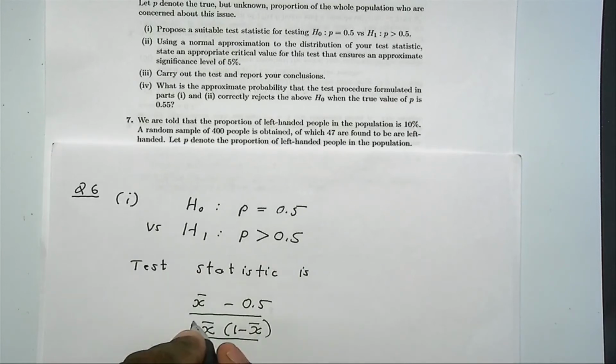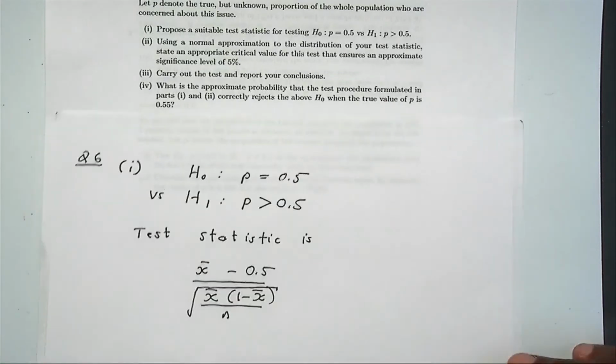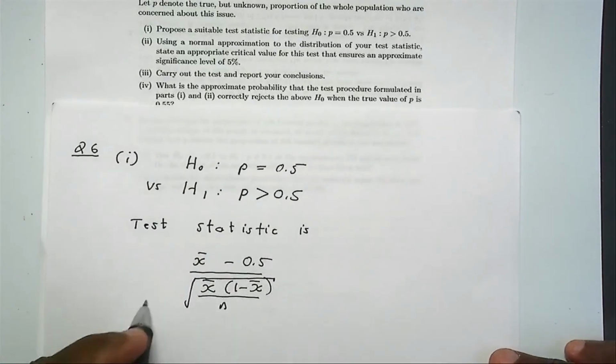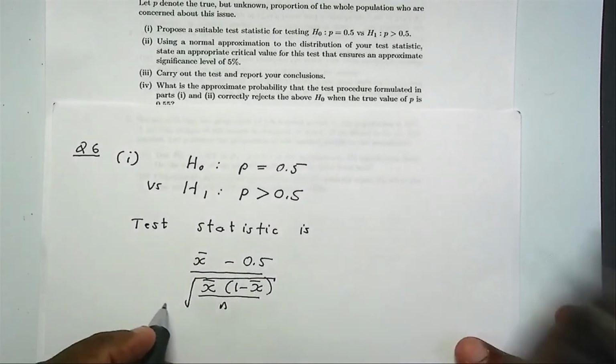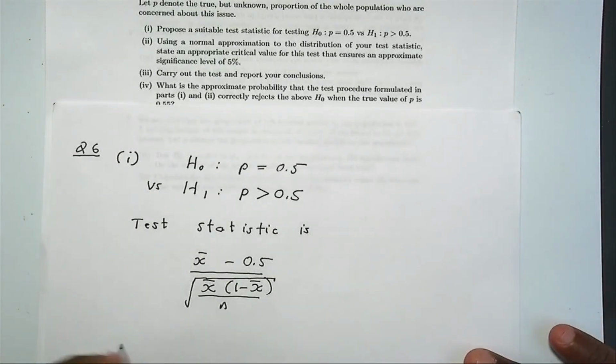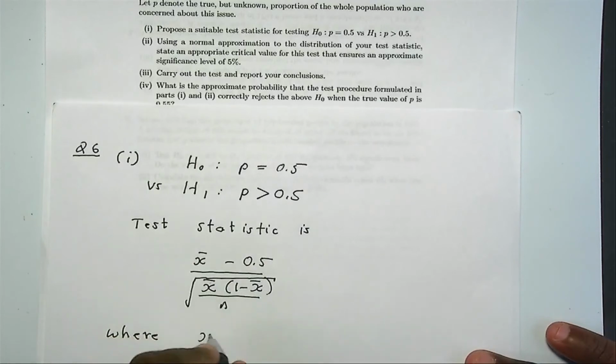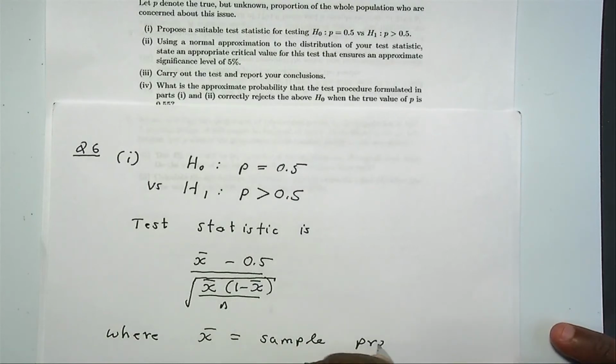Well, this is the formula I gave you in the video and also in the handwritten notes. You can see this where x bar denotes the sample proportion. Okay, so that's the answer to the first part.